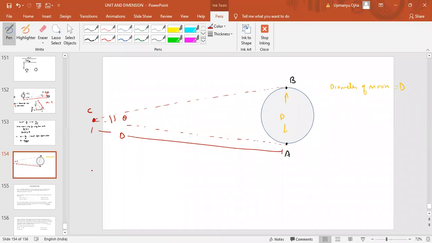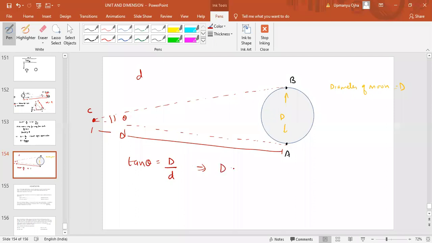So can we write tan theta should be equal to small d by capital D? The distance between the earth and the moon we know, that is D. So from here can we get the diameter of the moon?